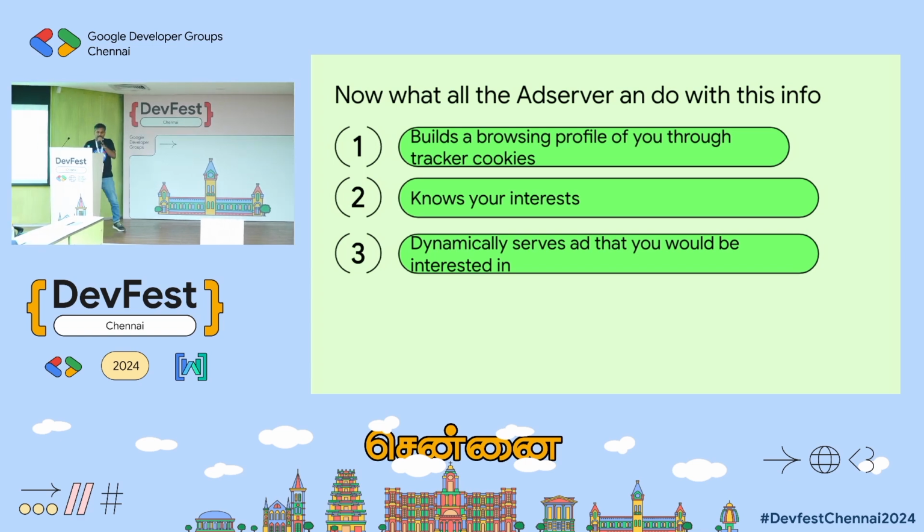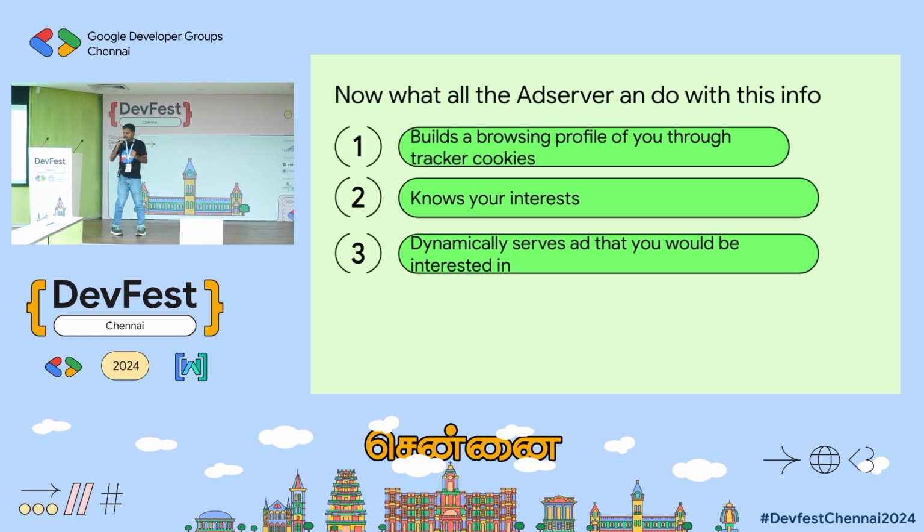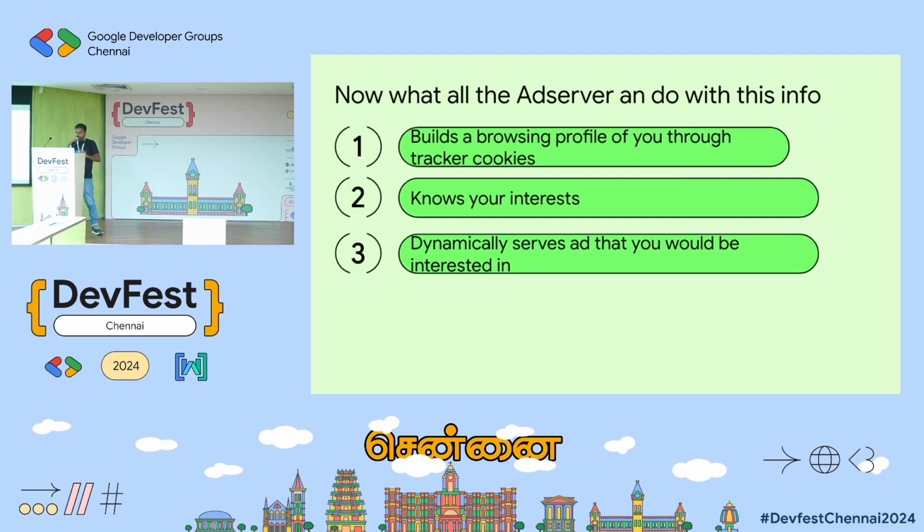All right, so it's not just the data. The example which we saw was a very simple example where, using the third-party cookies, the ad server knows what all websites you visited. Okay. So over a long period of time, they will build a profile.